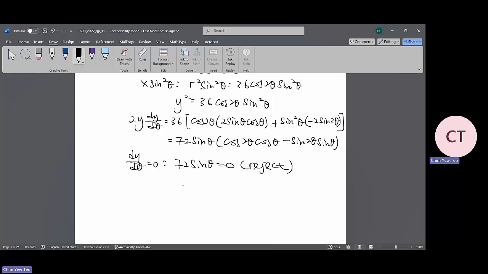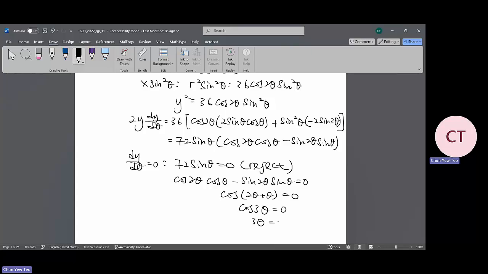Then the other factor will be cos 2 theta cos theta minus sine 2 theta sine theta equal to 0. Well, we can make this become cos of 2 theta plus theta equal to 0, by the addition theorem. So we have cos 3 theta equal to 0.